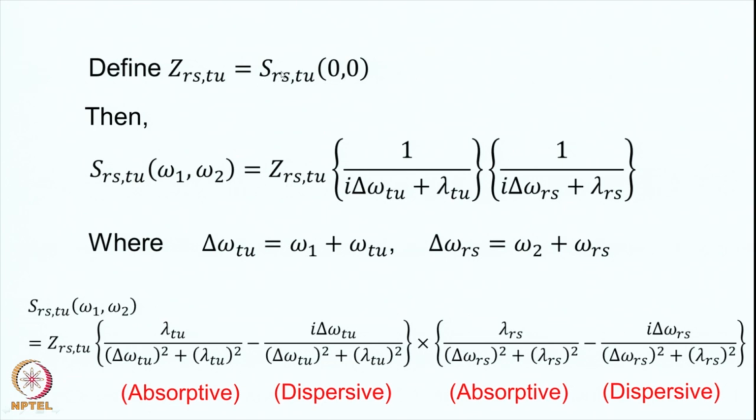This is the amplitude for what we get after the Fourier transformation for the frequency domain spectrum. The frequency domain spectrum is now written as S_RS,TU(omega 1, omega 2), and this is given by this expression, and that actually comes from this particular integral, as I can show you here.